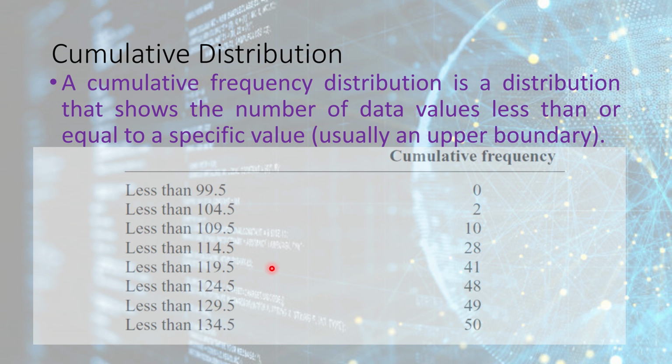You may write this in this form as well, less than 99.5, or you could write that in a class boundary style as well. Like in this case, we say simply 99.5 to 104.5. In that case, we don't need the first one. We don't need this one, you see. And the cumulative frequency will be written in front of it.